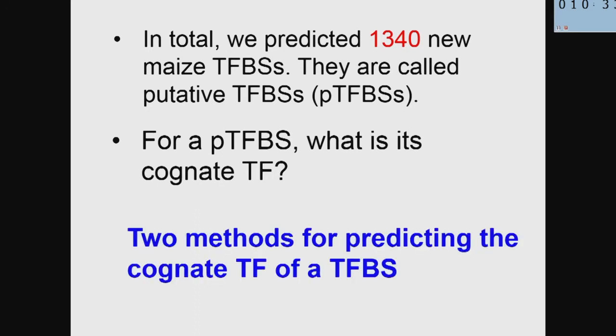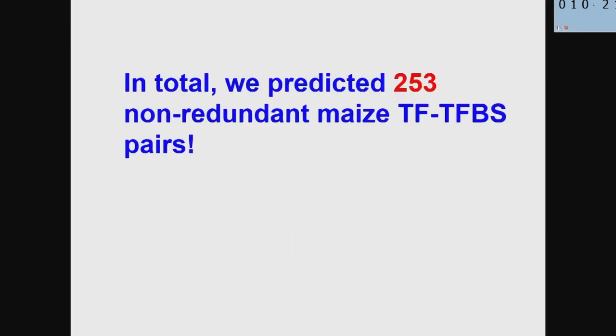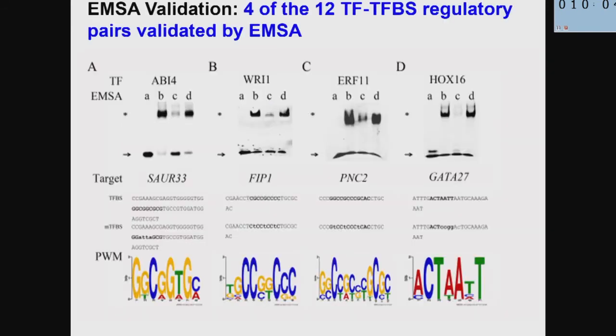We developed two methods to predict the coordinate TF of TF-BS. They cannot be explained in a short time, but in total, we predict 253 non-redundant maize TF-BS pairs. That significantly increased our knowledge of the regulatory system of maize.